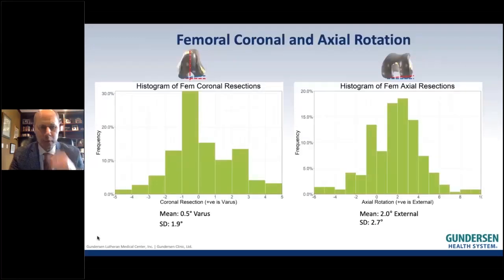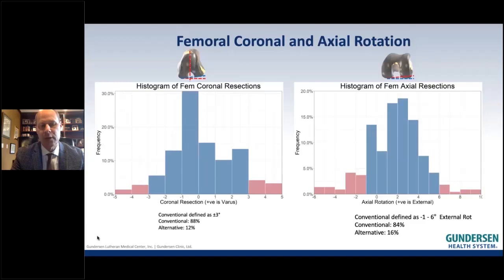So we came up with this histogram, and if you look, these are all femoral resections. On the left is coronal resection, and on the right is femoral rotation. We look from 5 degrees valgus on the left to 5 degrees varus on the right, and on the right graph, -6 degrees, so that's 6 degrees internal rotation to 10 degrees of external rotation.